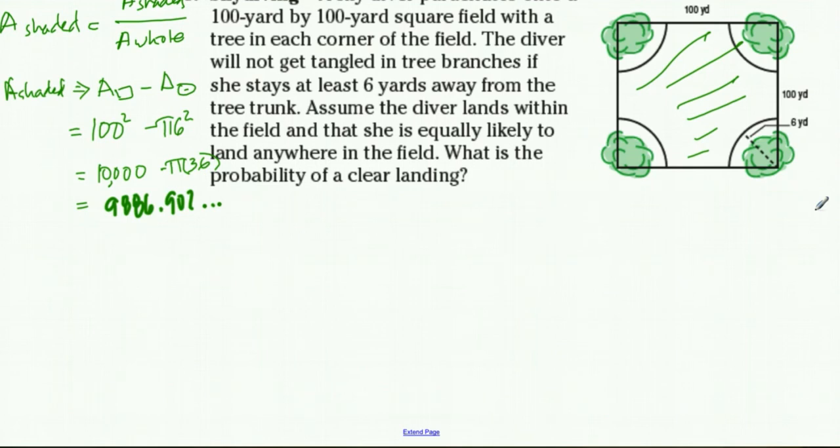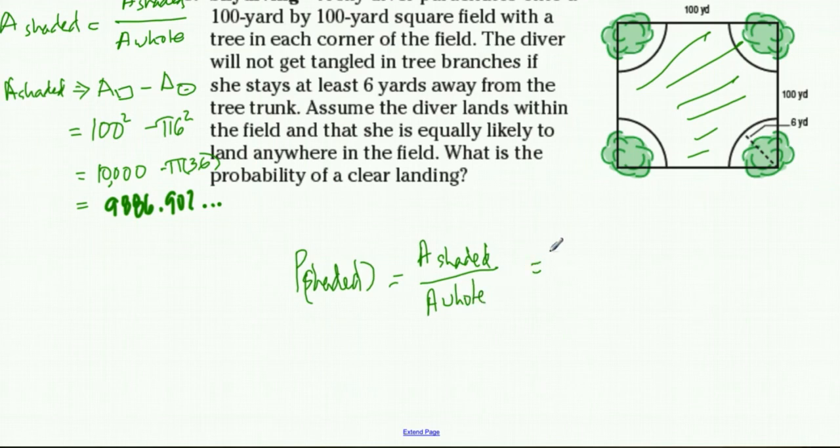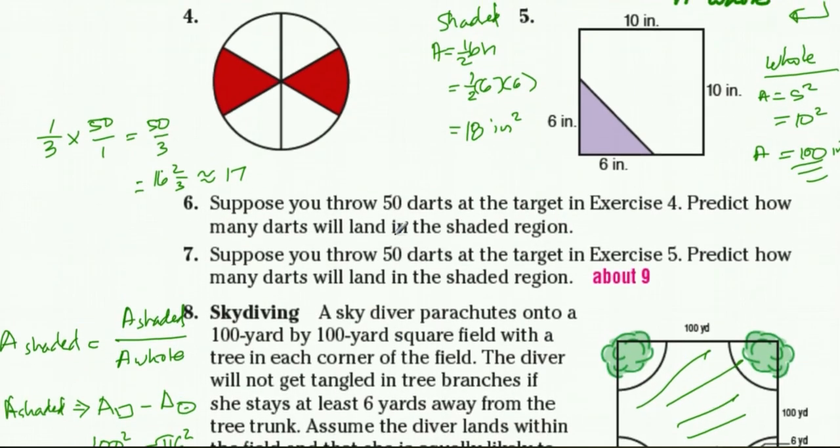So to be able to find the probability of it landing in the shaded region, let's rewrite that. That'll be equal to the area of the shaded region over the area of the whole region. In this case, the area of the shaded region is 9,886.902 dot dot dot, and the entire region will be s squared.